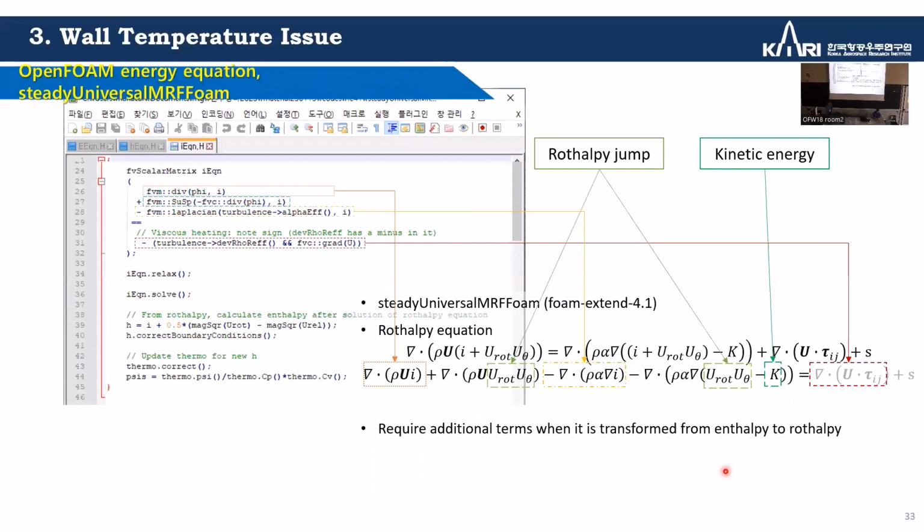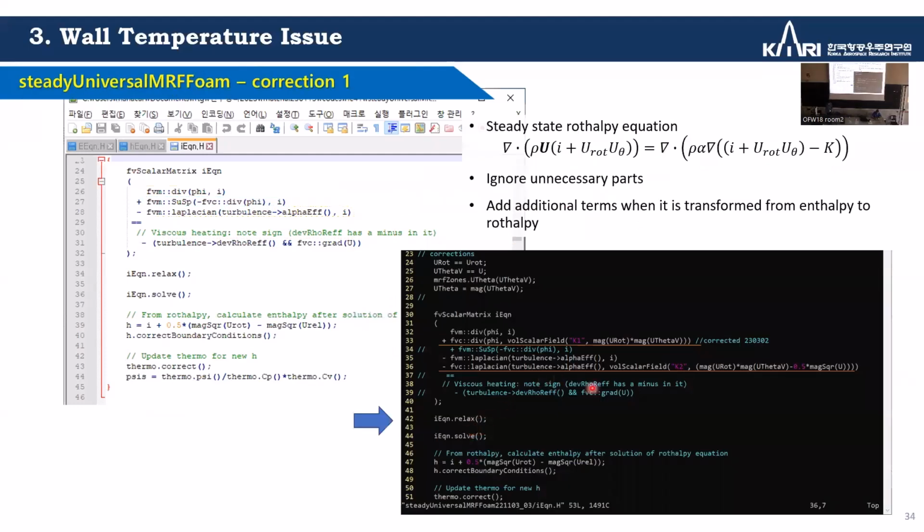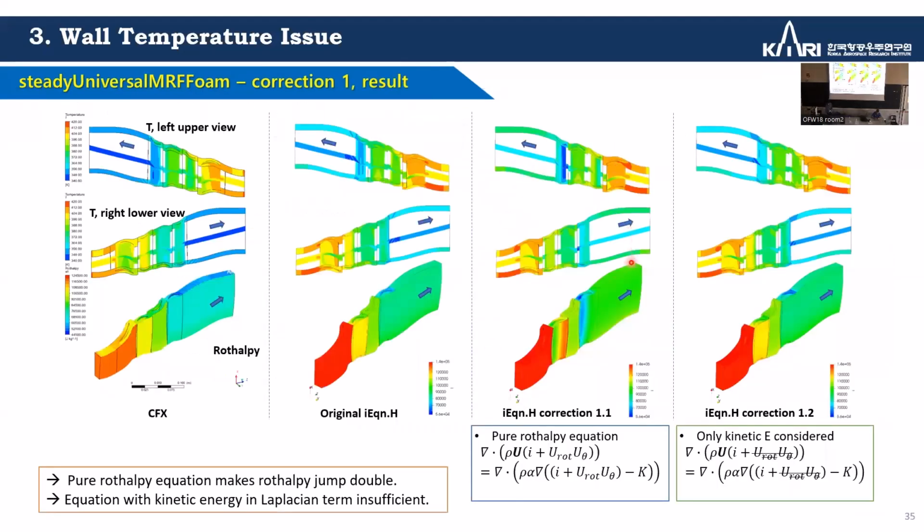So I wanted to make the compressible MRF solver work too. So I derived the equations, and I corrected some equations according to the method I used before, but the answer at first was not good.